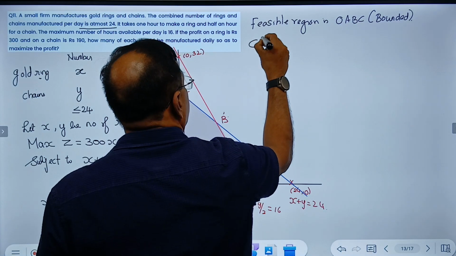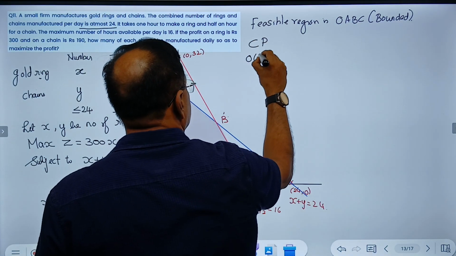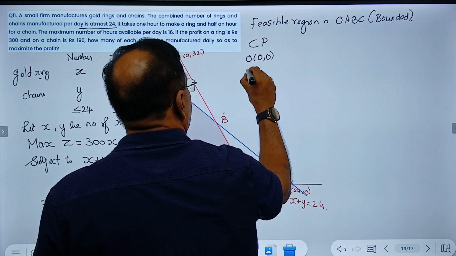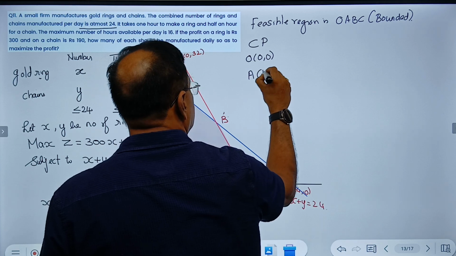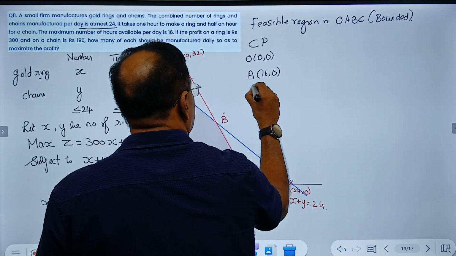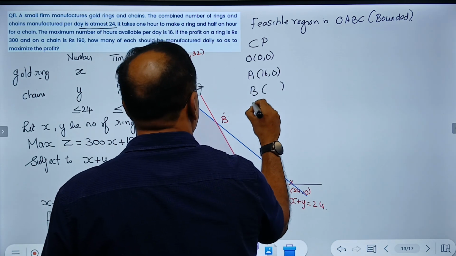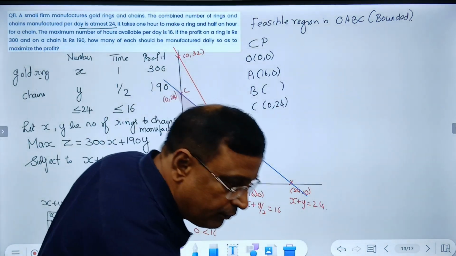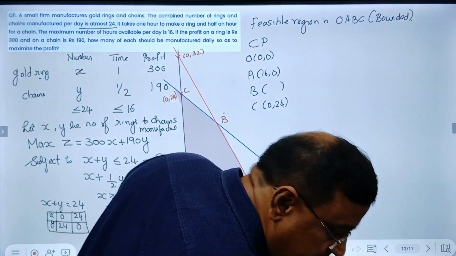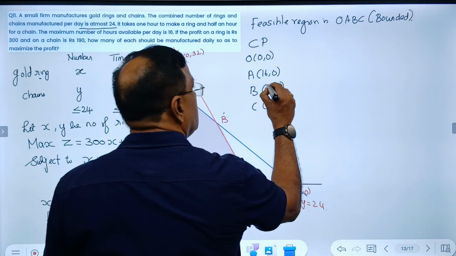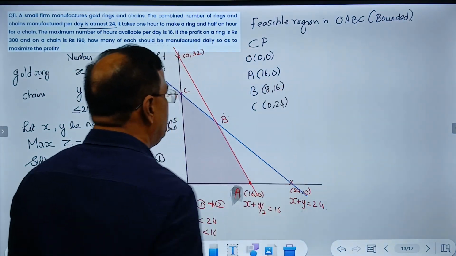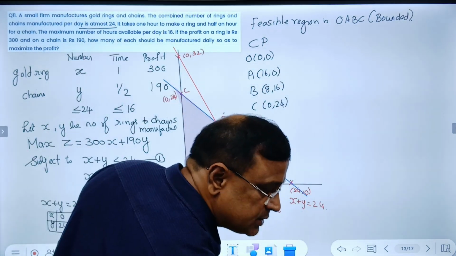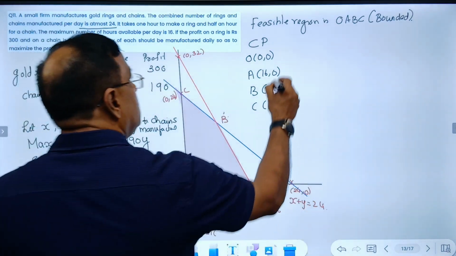What are the corner points? The corner points are the origin, A is 16, 0, C is 0, 24. Now B, how do I find it? B is 8, 16, which we can always calculate. So what is the Z value?